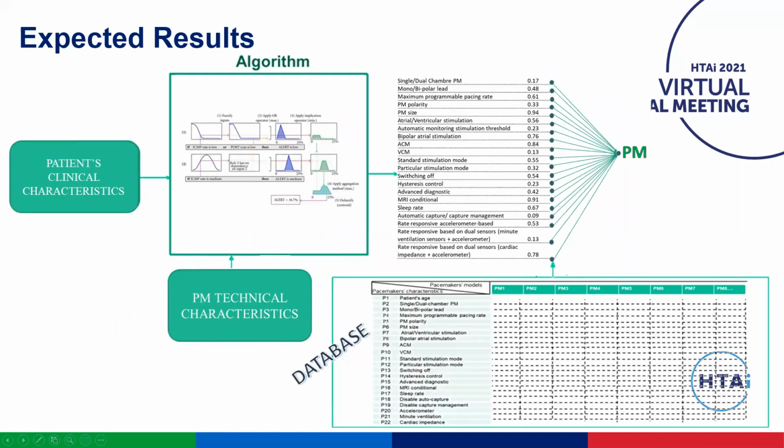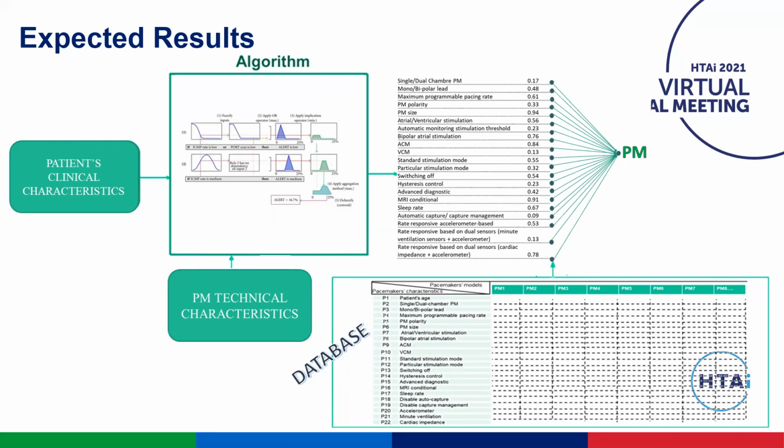So the next step will be the identification of the most suitable patient-specific pacemaker model. Thanks to the database previously built, in which all pacemakers present on the market were described in terms of the technical characteristics identified, and crossing the data, it will be possible to understand which model, or the limited number of models, best fit the clinical question.